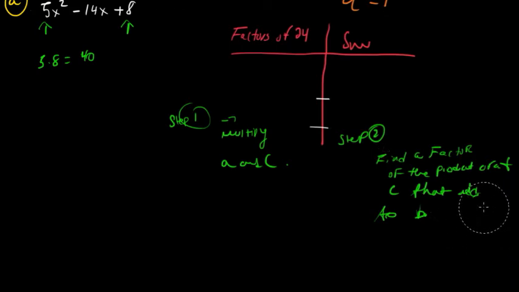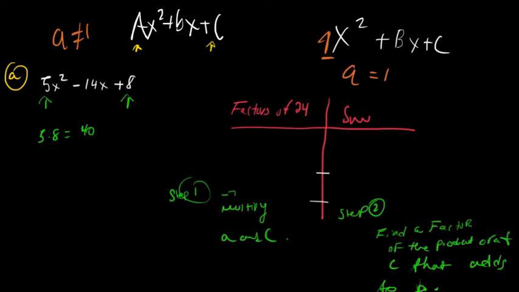Okay, well, what is B in this case? B in this case would be our negative 14. So we want to find the factors of 40 that will add to be negative 14.